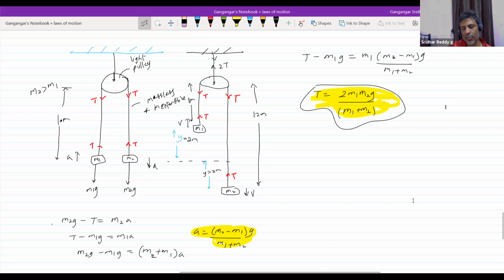Okay, tomorrow, today I'll give some problems related to all what I discussed: non-inertial frame, pseudo force, a monkey climbing up a rope, and this pulley, which is called an Atwood machine.